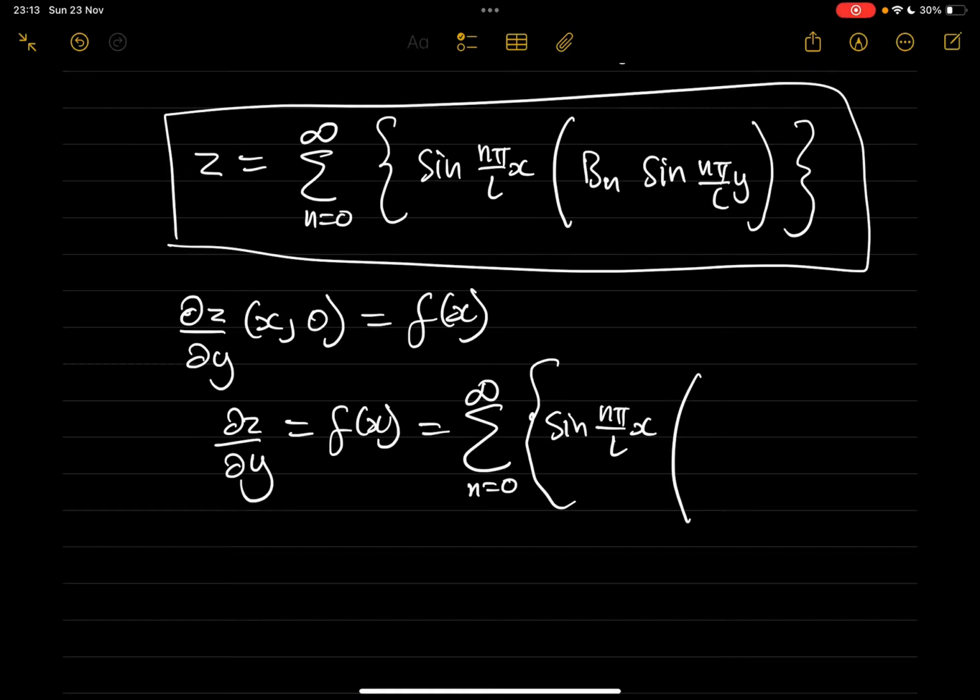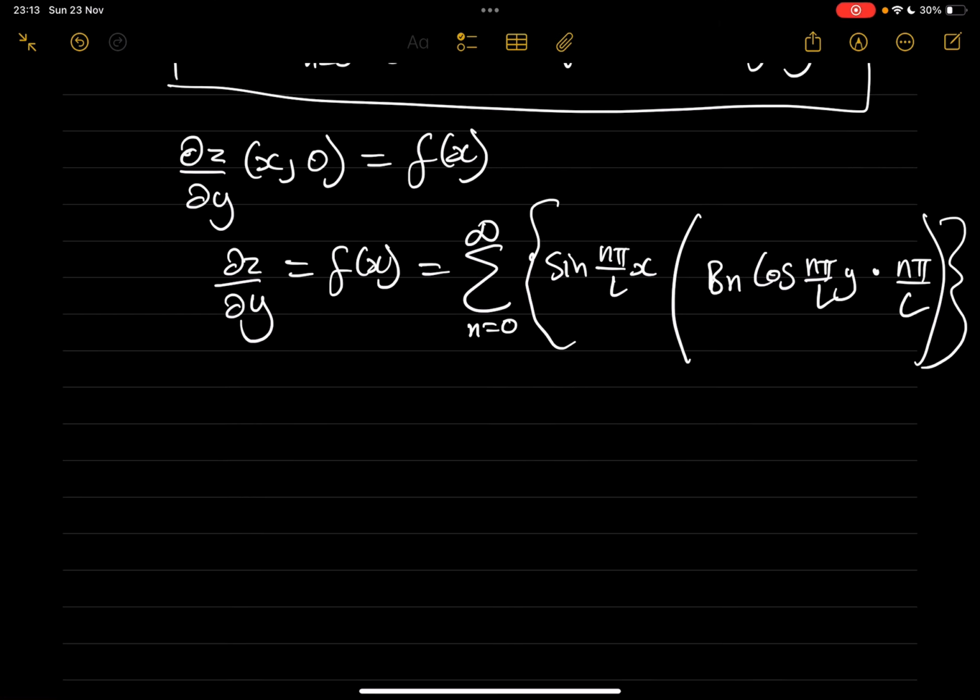So now inside you differentiate this with respect to y. It's just going to be bn cos n pi over l y times the derivative of what is inside, which is n pi over l, right?